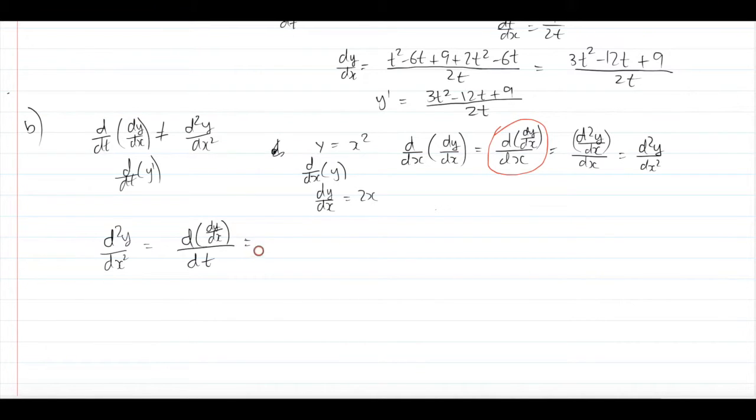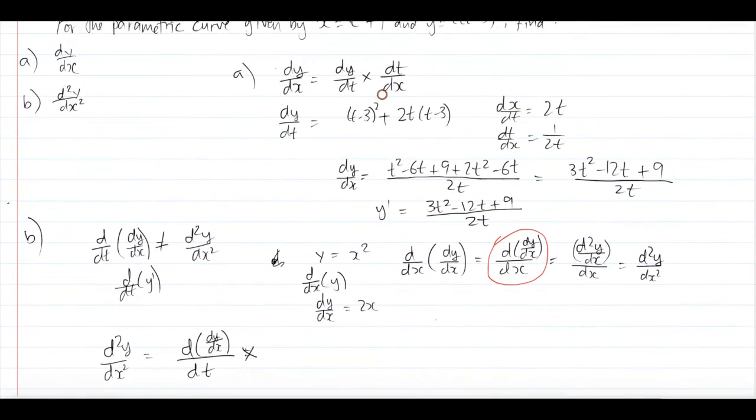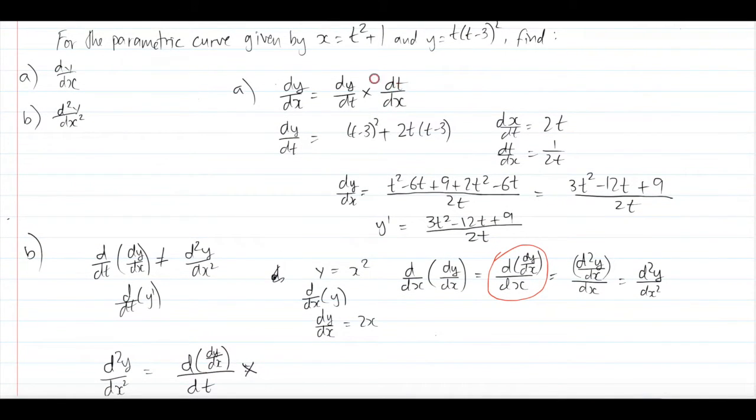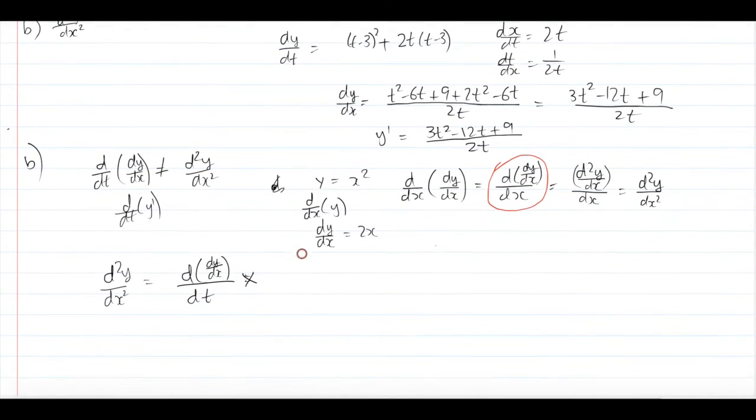So if you want to get rid of that dt, just like what we did above, right here, you multiply that by dt over dx. So really the second function is just to get rid of dt. If you times it by dt, you get rid of the dt, and at the bottom, what you actually put is dx.